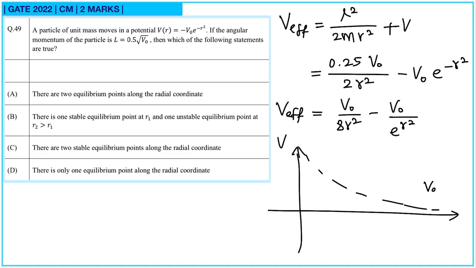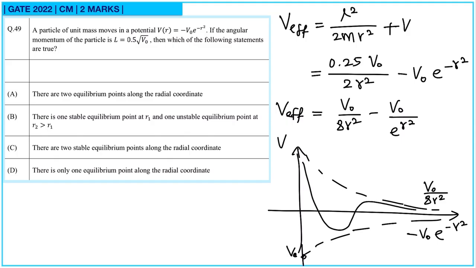So this is v naught upon 8 r square part. This is minus v naught, so here suppose we have minus v naught when r is 0, and as r increases, this will increase like this. So this is minus v naught e raised to minus r square. So if we add these two, then what we'll get is something like this.